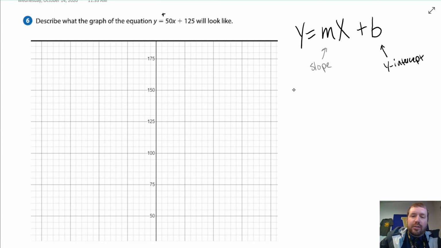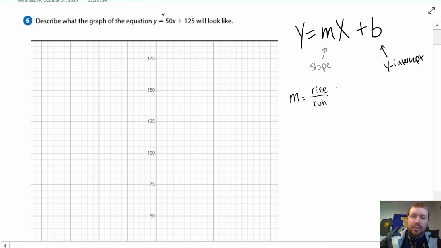So in this case, m equals our rise over our run, which equals 50. By looking at our equation, we can see that it is 50.